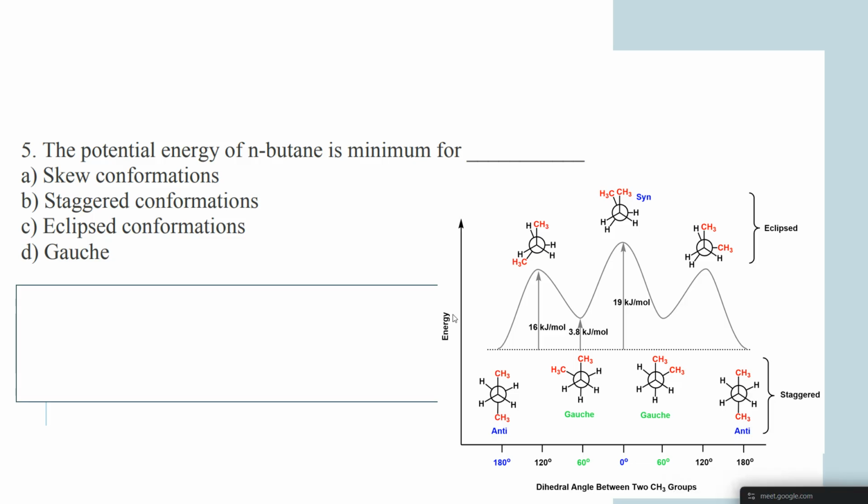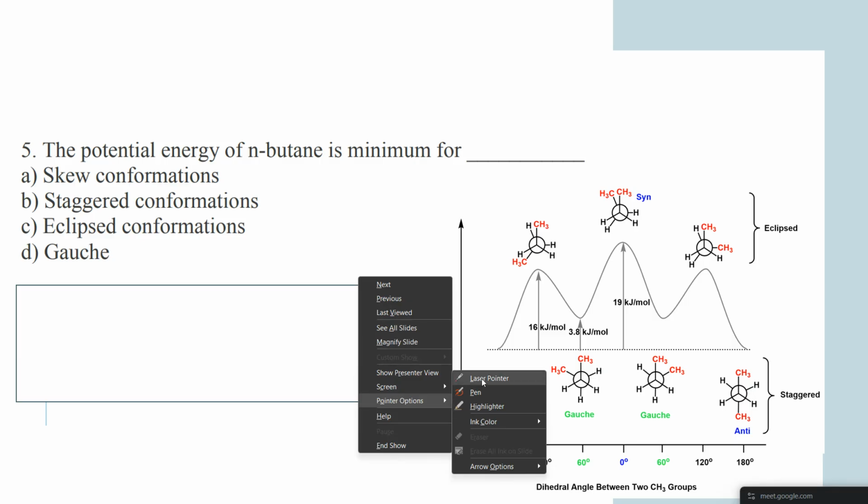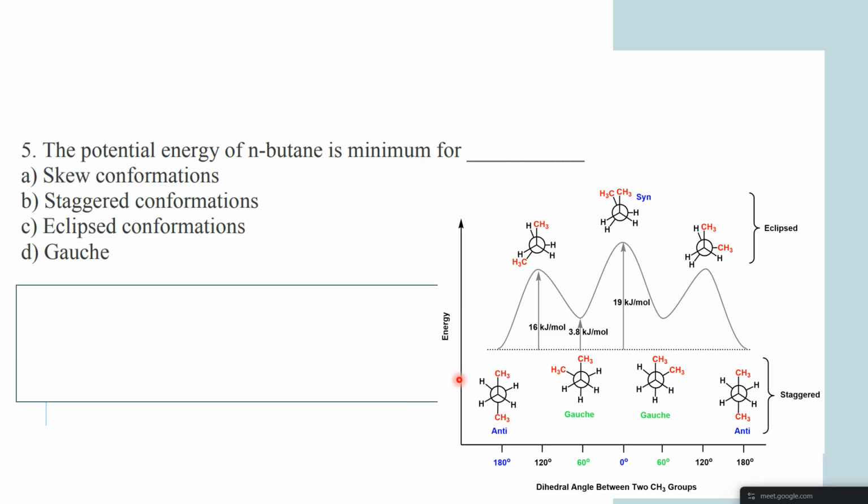So let us start from here. The Newman projection of N-butane is represented from this first diagram, where both the terminal methyls of the Newman projection will be aligned opposite or anti to each other. That means the angle between the terminal carbon-carbon bonds will be exactly 180 degrees.